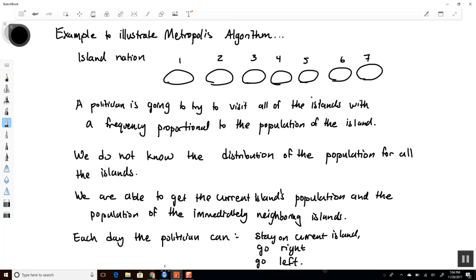So what we will do, this is going to be the Metropolis algorithm for our island case. Okay, for the islands.